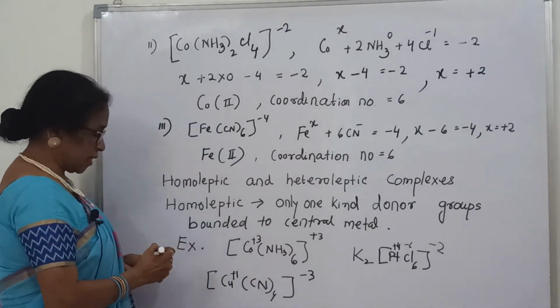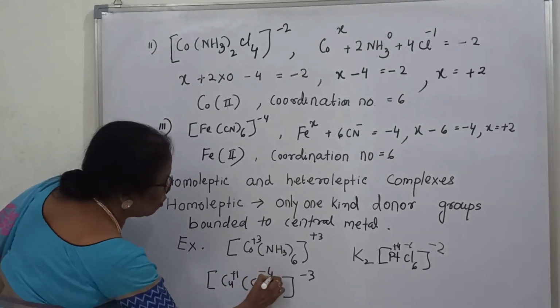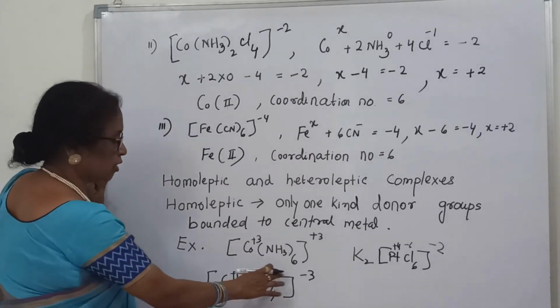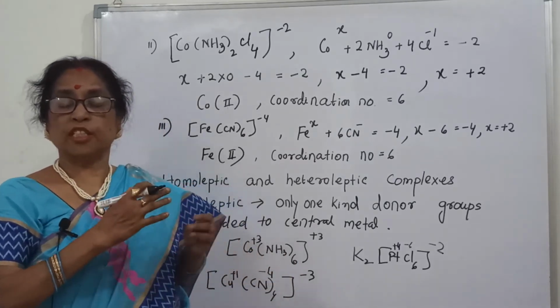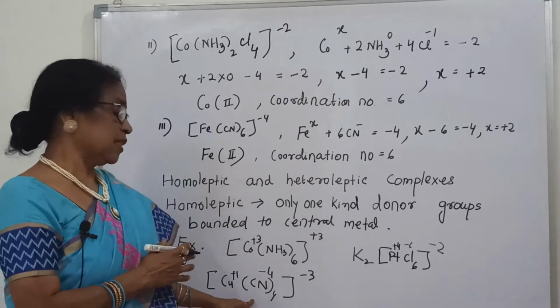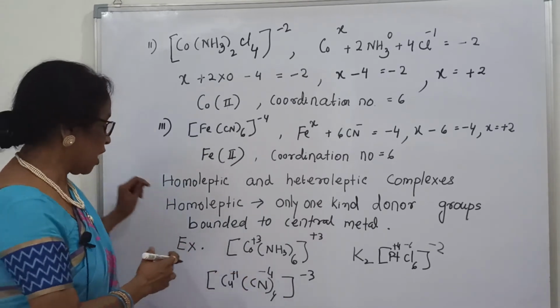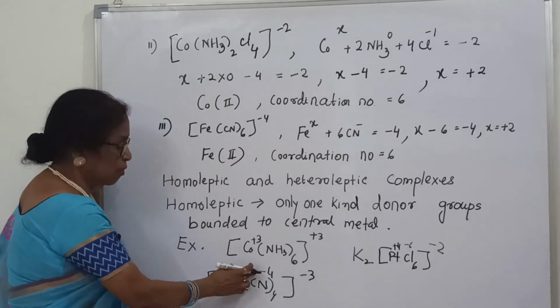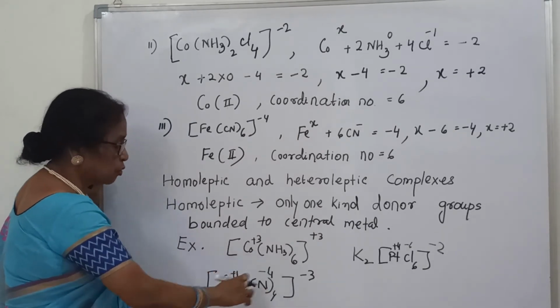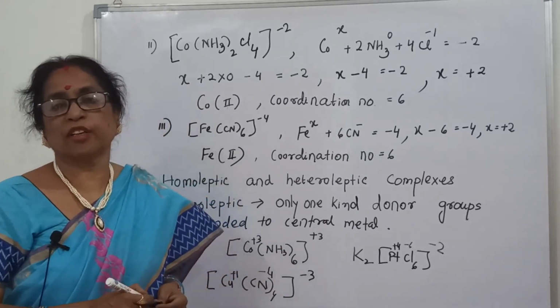Now what does it indicate? CN is -1, so 4 give -4, and copper is +1. The charge is -3. What is the charge of this complex? That is -3. How can you satisfy this? Copper is +1, cyanide is -1, and -1 into 4 is -4. So the total charge of the complex anion is -3.